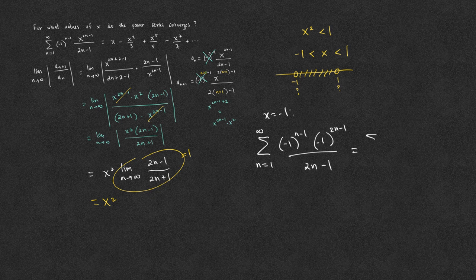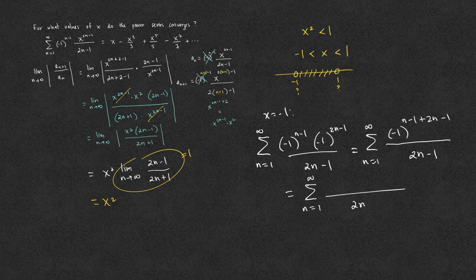We can rewrite this as the sum from n equals 1 to infinity of (-1) to the (n-1)+(2n-1), because -1 is the same base. The denominator is 2n-1. This is the series n from 1 to infinity, where the denominator is 2n-1 and the numerator is -1 raised to 3n-2.